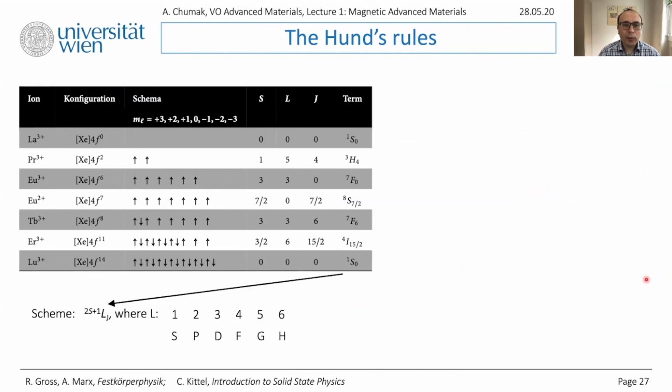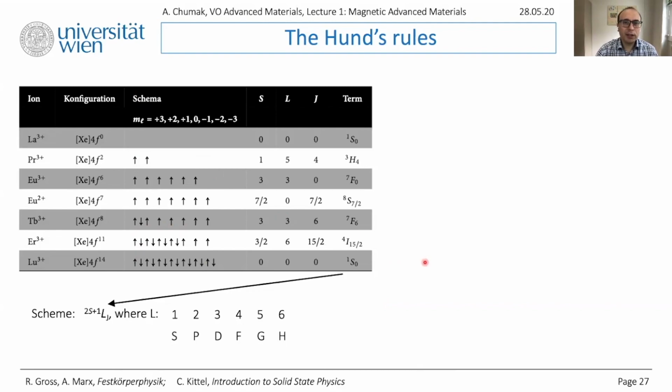Good. Now, again, I would like to refresh your memory about how electrons fill the electronic shell, because as you know, electrons can have spin up and down, and they can have different quantum numbers ml, and the question is what will be filled first.